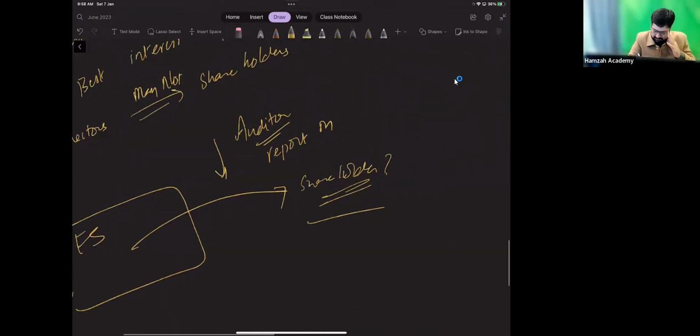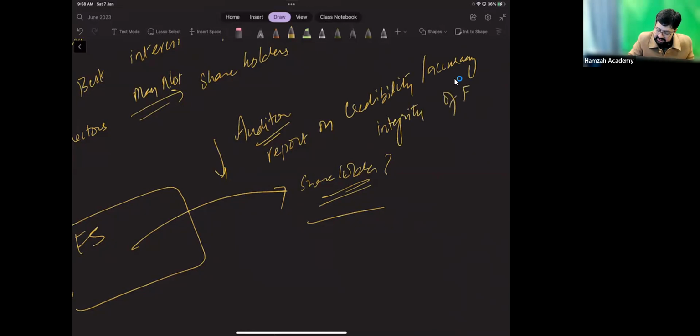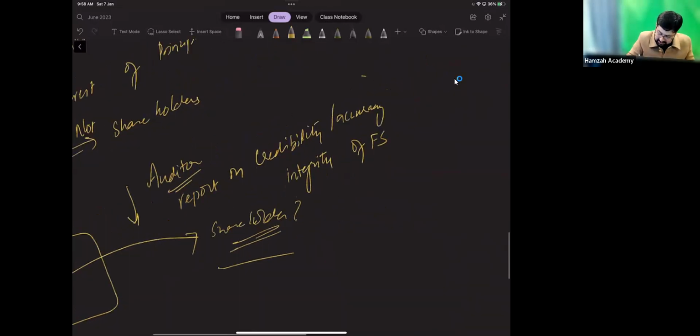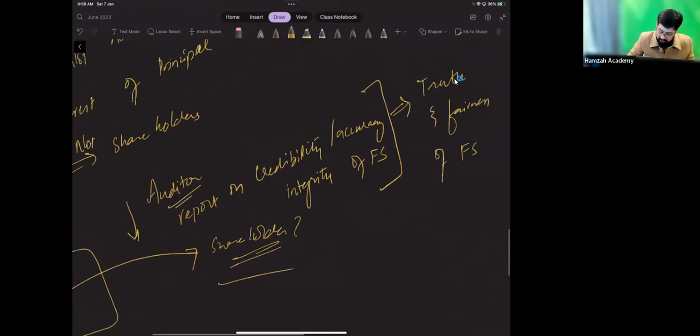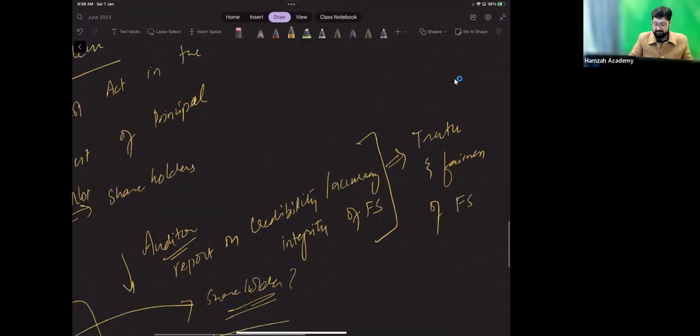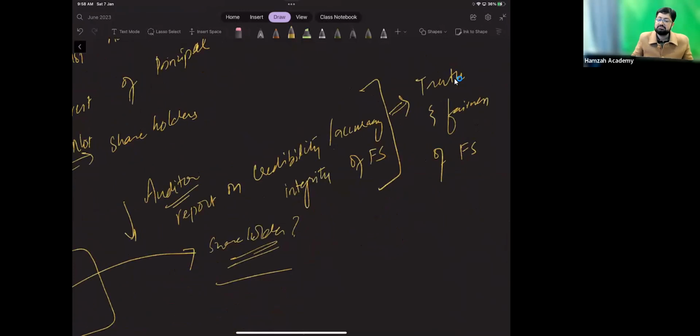Okay, easy words. First, on credibility, accuracy, integrity of financial statements, which in other words we call truth and fairness of financial statements. Auditor report. With the auditor's report, shareholders become satisfied regarding financial statements, whether they have been prepared correctly or not.